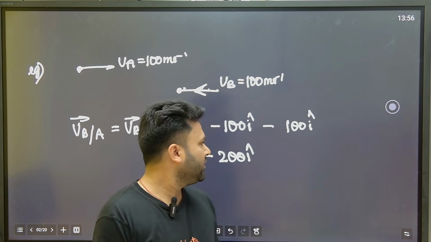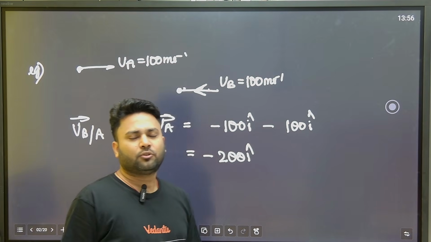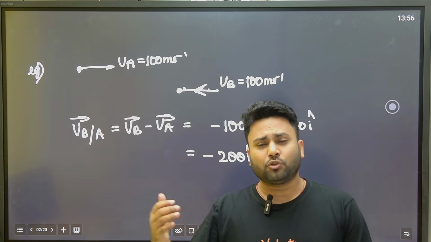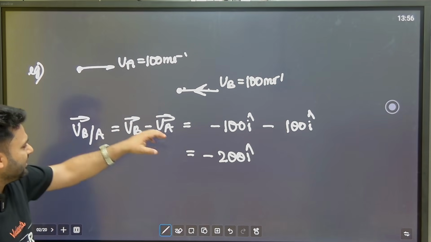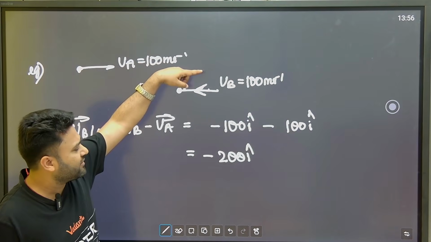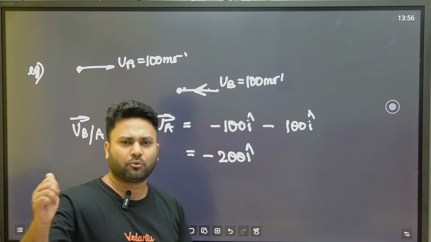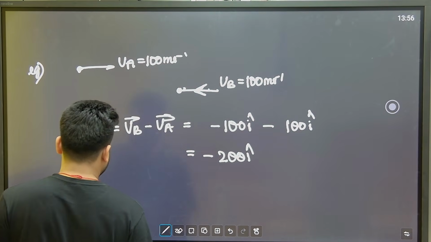Correct? Speed has increased, 100 doubled. So velocity of B with respect to this train is 200, and minus i cap means A will feel that B is going in the opposite direction. And definitely B is going in the opposite direction. Correct?